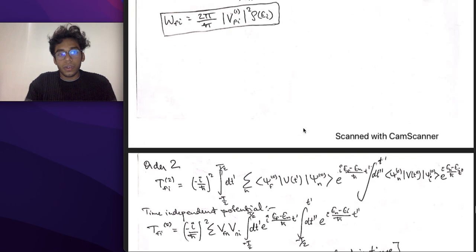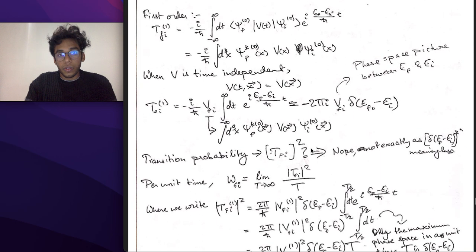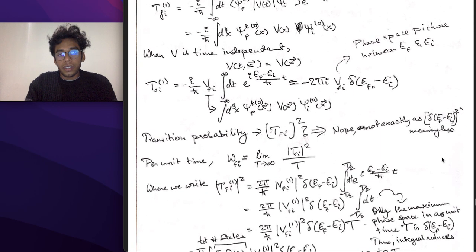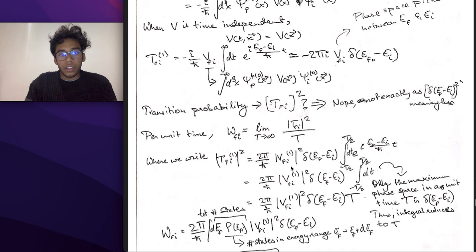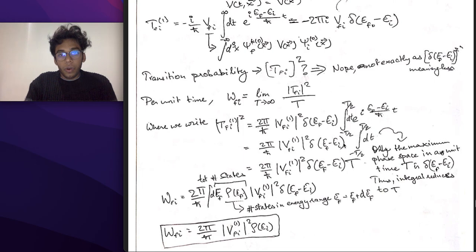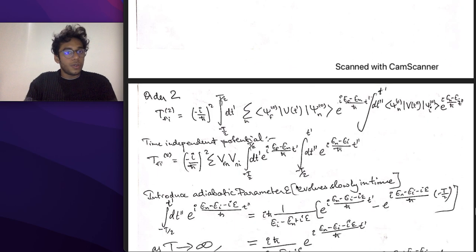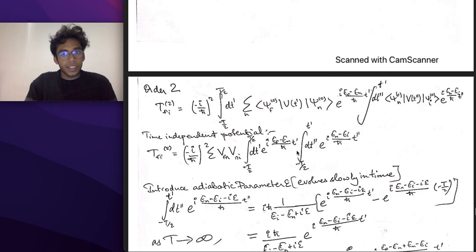So your first order, what we saw, is when you're trying to calculate the probability amplitude, you need to bound it with respect to time, and when you're talking about second order, you need to insert a parameter that varies slowly with respect to time, and so on.